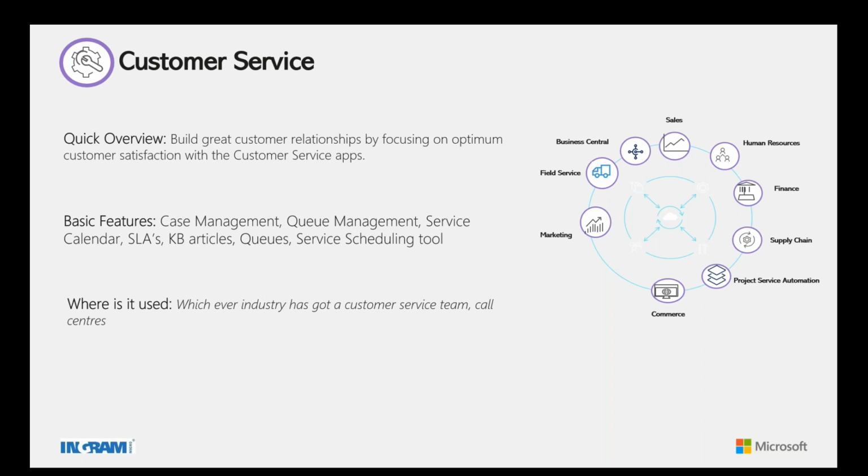Not only that, with our artificial intelligence app called Customer Service Insights, you get the most comprehensive 360-degree view of your customers from the transactional, behavioral, and observational data that you have.